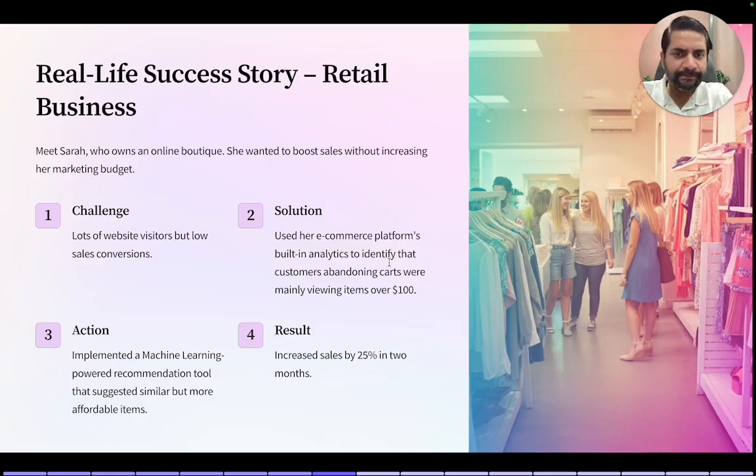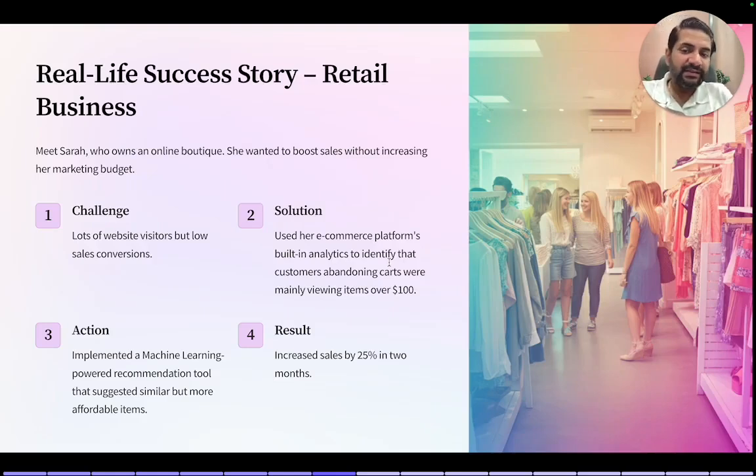So the solution: she used her e-commerce platform's built-in analytics to identify that customers abandoning carts were mainly viewing items over $100. So what she did was implement a machine learning powered recommendation tool that suggested similar but more affordable items.